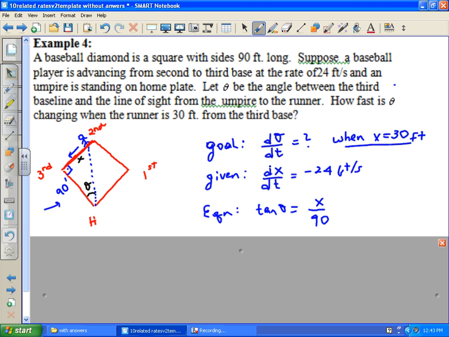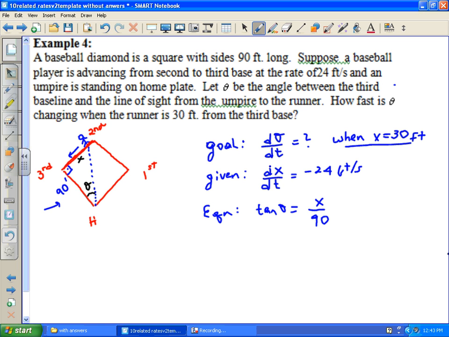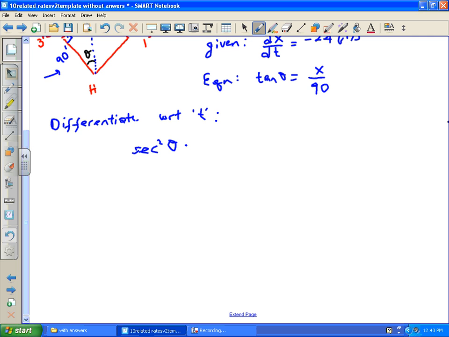All right, the next step always is to differentiate both sides with respect to the time variable. So if we do that, we'll get the following. Secant square of theta times d theta dt equals, and on the right hand side we can write it as 1 over 90 times x.